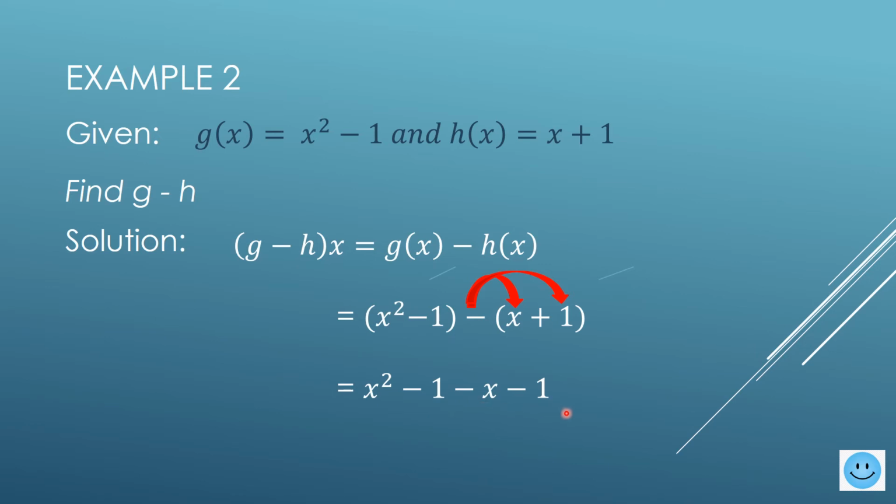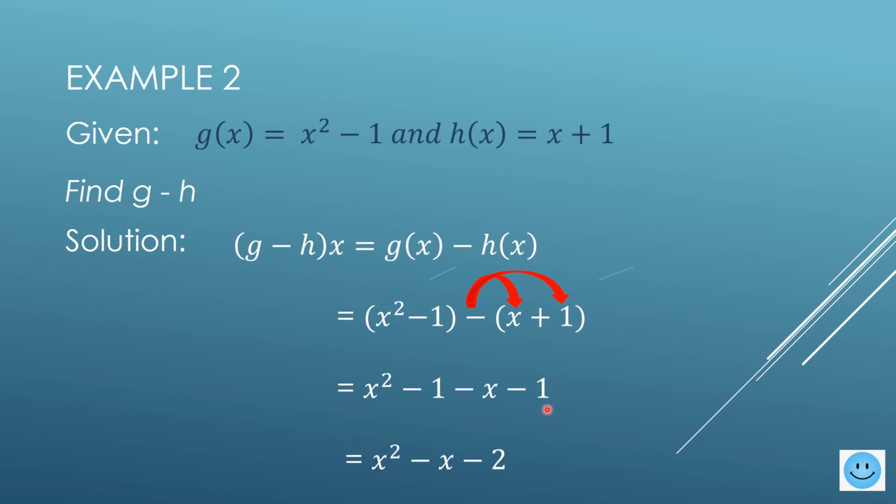Okay, so let's combine like terms. As you can see, we only have one x squared, so let's just copy x squared. The same with negative x, we only have one negative x, so we will just copy negative x. But we have negative 1 and negative 1.